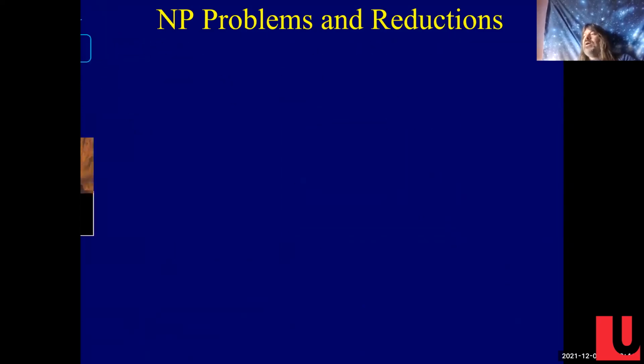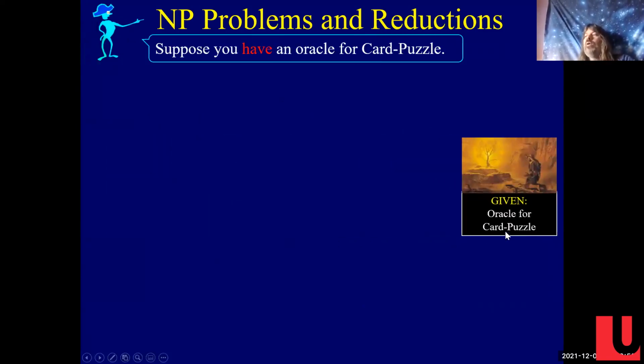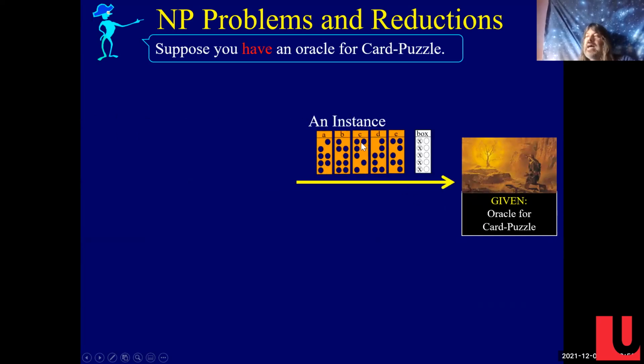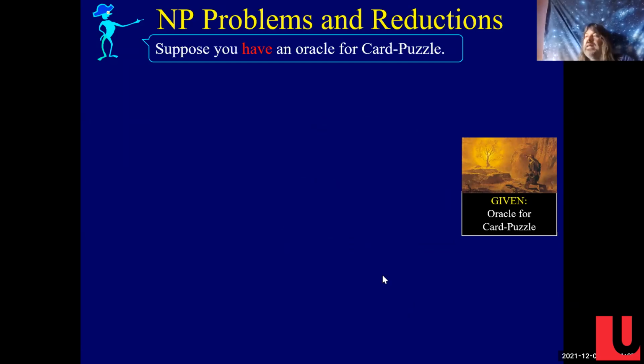The bottom line, what it works down to, is if I have an oracle that could solve the card problem, right? What do I do with that oracle? I give the oracle a bunch of cards, and the oracle gives me a solution, right? You guys think that my game in oracles is absurd, but it's playing out in the way we do computer science, right?